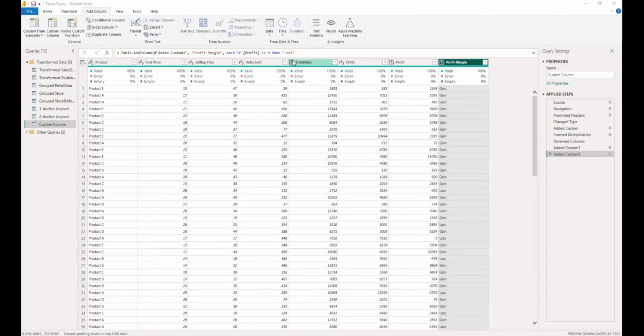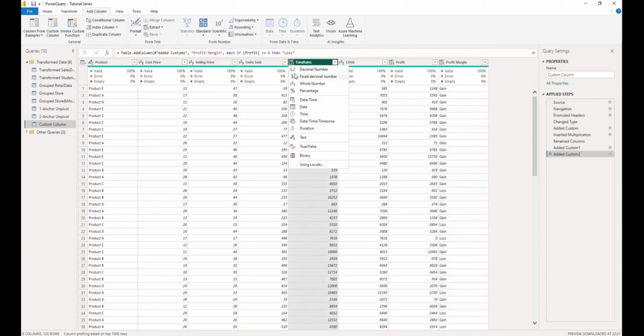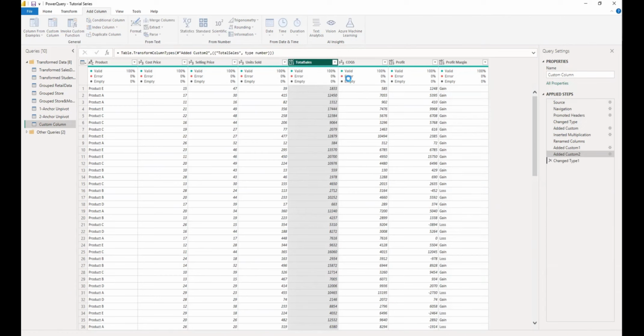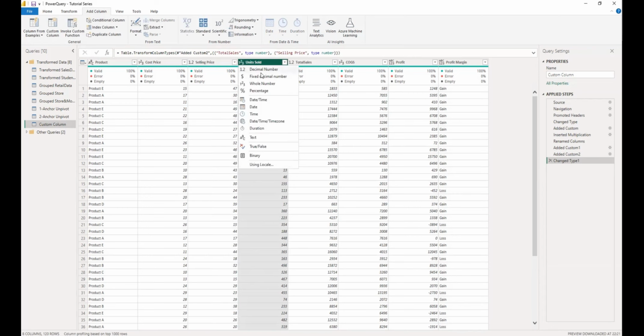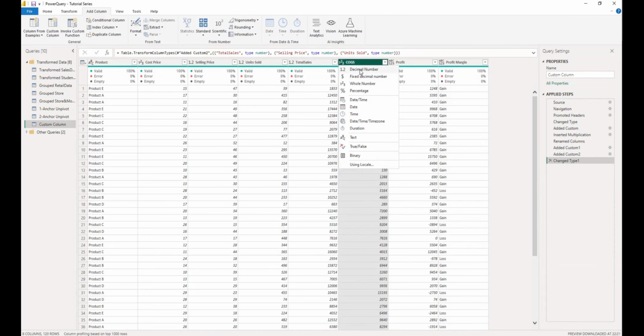So the basic thing is to put them in their right format. These are all basically money, so you may just want to put them in decimal place: for money, decimal place; for cost of resource, decimal place.